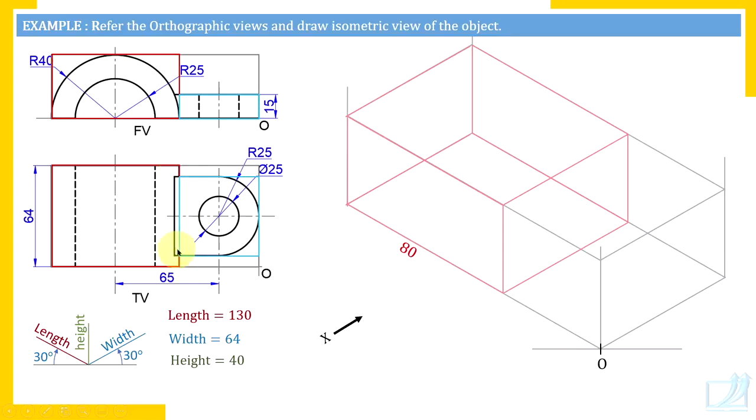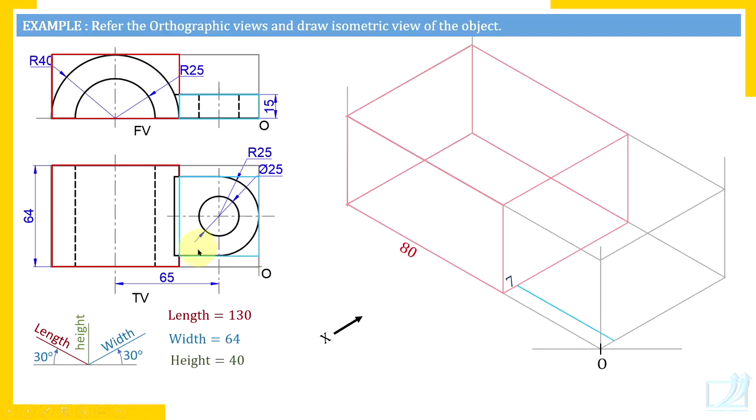So to measure this width 50 millimeter parallel to width, we'll leave 7 millimeter from front. So measure 7 millimeter here and draw this edge that has length 50 millimeters. You need not measure 50 millimeters because you have already measured here 80, remaining length is 50 millimeters.